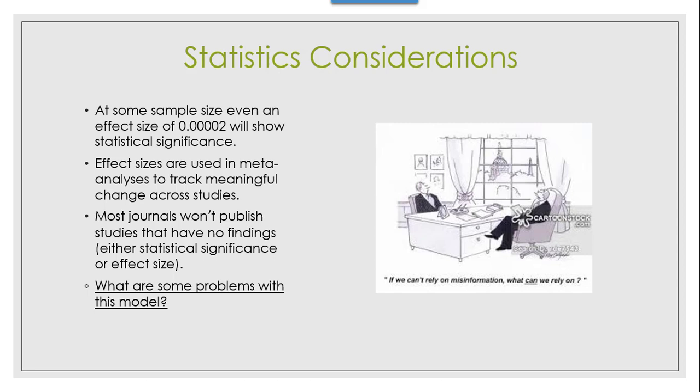So a meta-analysis measures something different than differences or relationships; instead it measures whether something is working consistently across studies. Just an aside here: a lot of journals won't publish something if it's not found to be significant. What are some problems with that model?